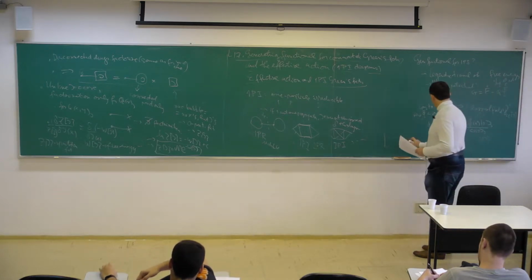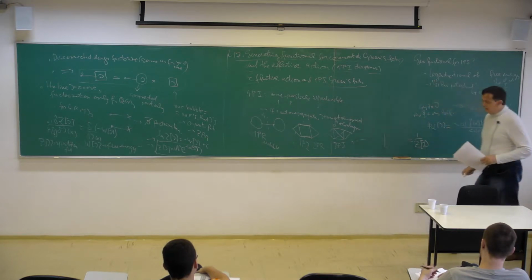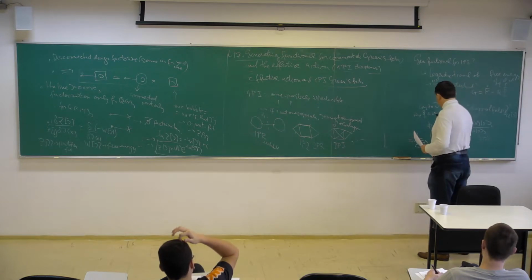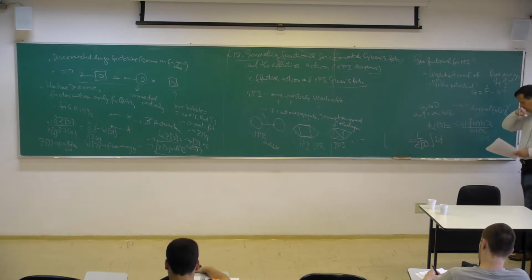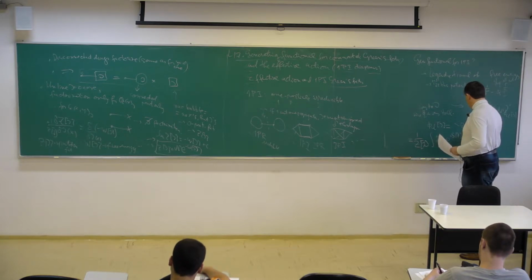So you can write it as 1 over Z, the 0-point function, and then write explicitly the path integral in here, minus S of phi plus J phi of x.